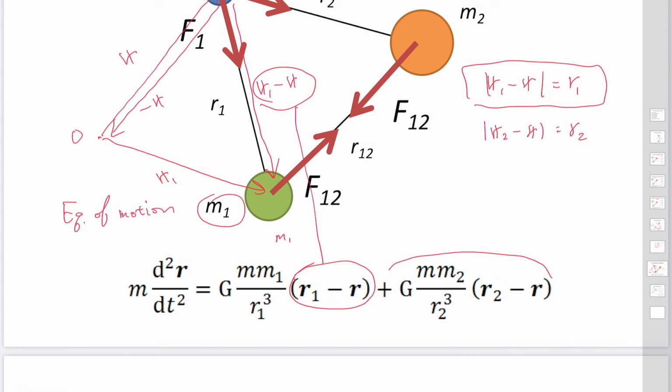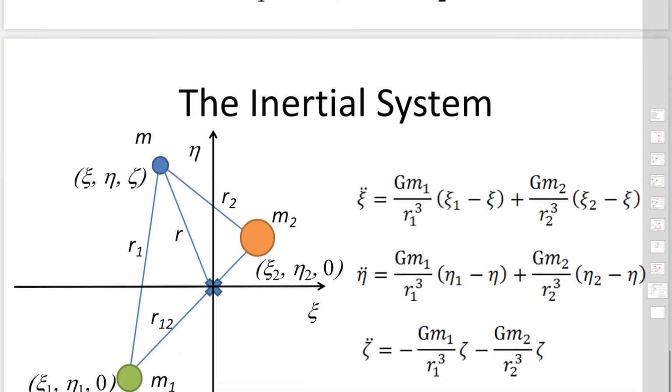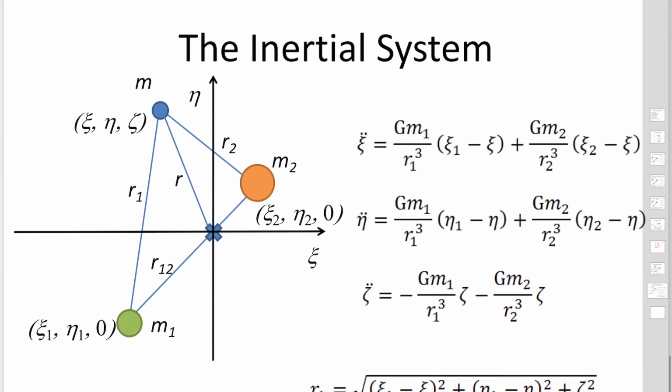Then we'd like to write down this equation of motion in the inertial frame. So xi, eta, theta is the inertial frame. In this system, the center of mass of the objects m sub 1 and m sub 2 is located at the origin. Then the xi-eta plane is the plane on which the orbits of the objects with masses m sub 1 and m sub 2 are located.